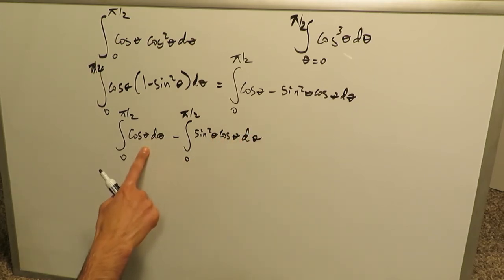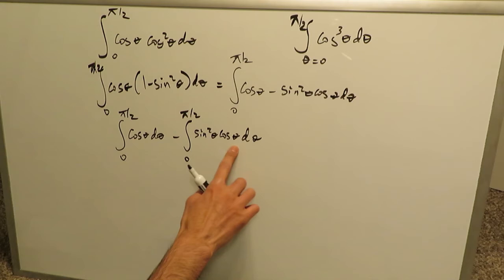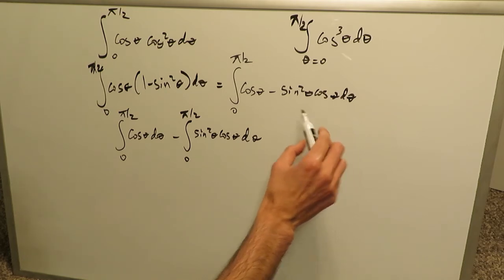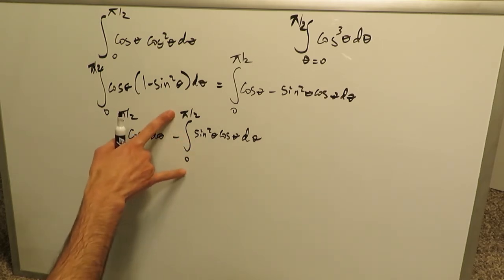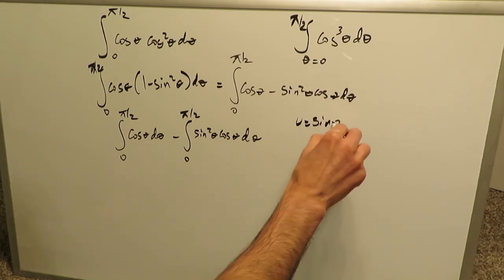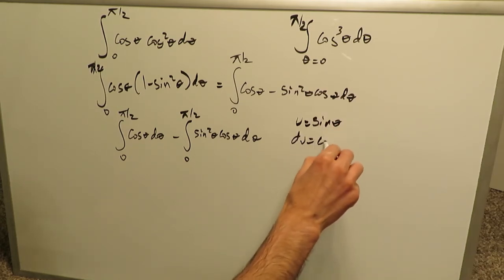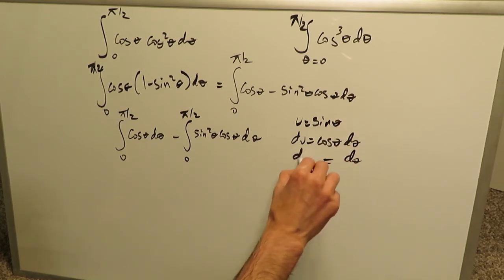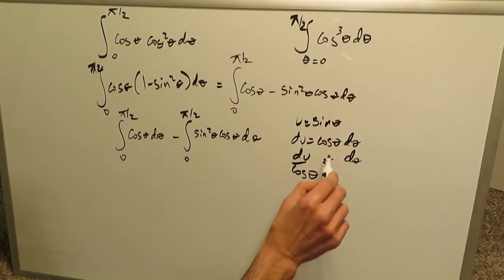This can be easily handled. It's one step away from completion. This right here is a few steps away from completion. The substitution technique plays over here. And when you do substitution, you have to alter these intervals, as you know. If u is equal to sine theta, du is equal to cosine theta d theta, and then d theta is equal to du over cosine theta.